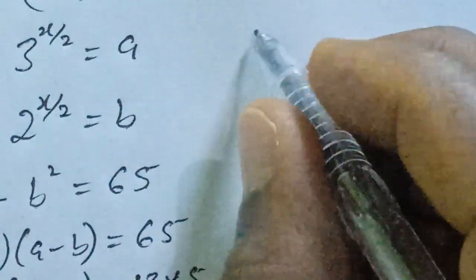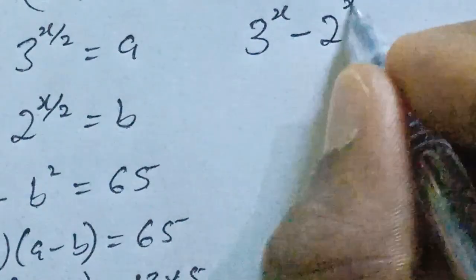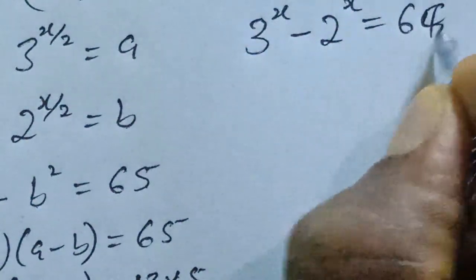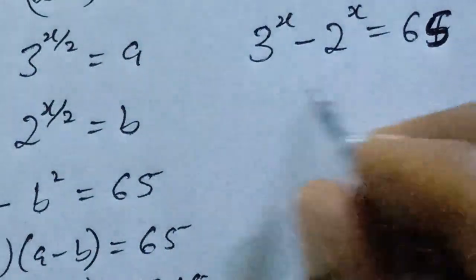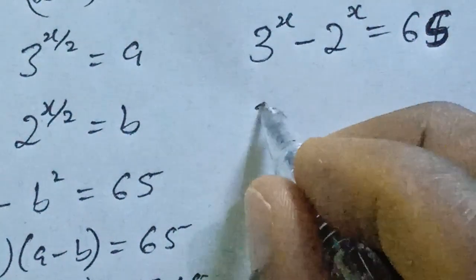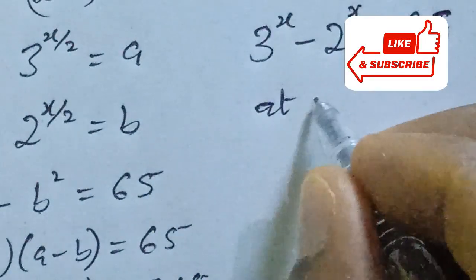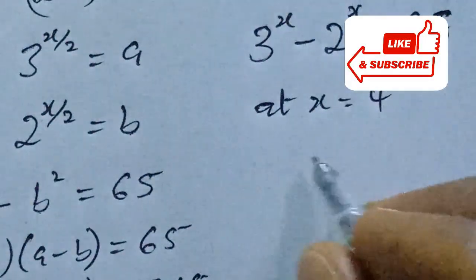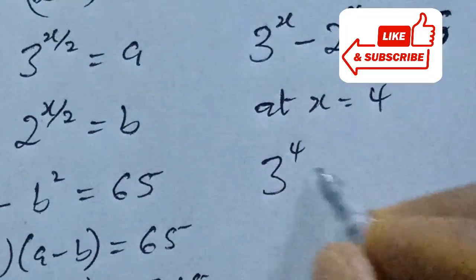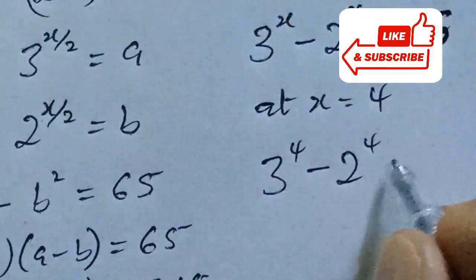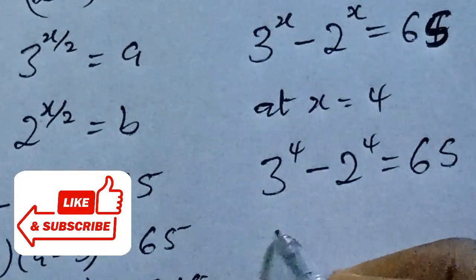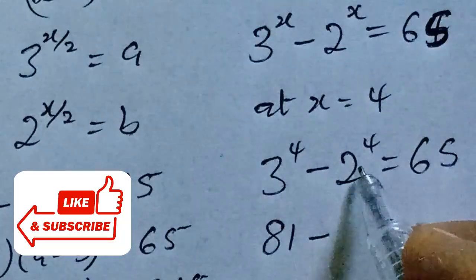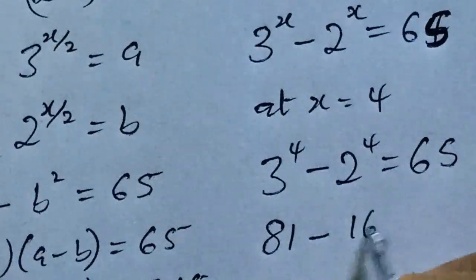From our expression, 3 raised to power x minus 2 raised to power x equals 65, if we substitute the value of x, that is x equal to 4, we have 3 raised to power 4 minus 2 raised to power 4 equal to 65. 3 raised to power 4 gives us 81. 2 raised to power 4 gives us 16.